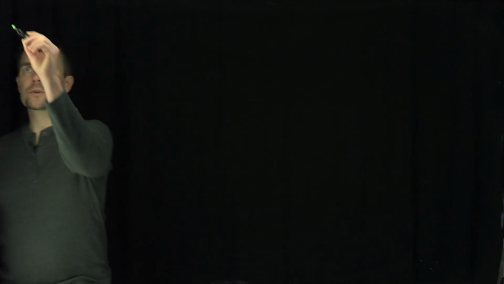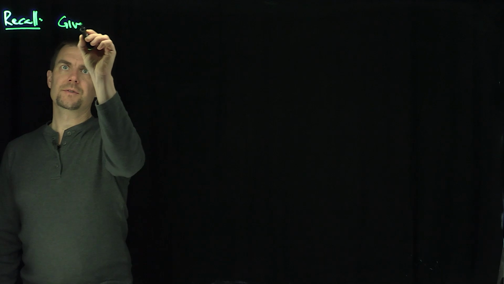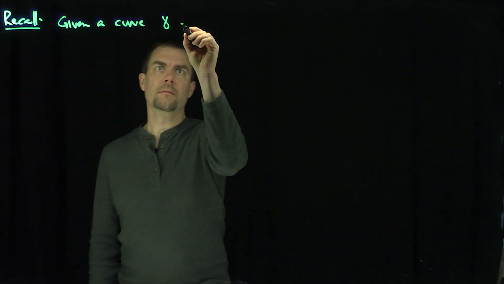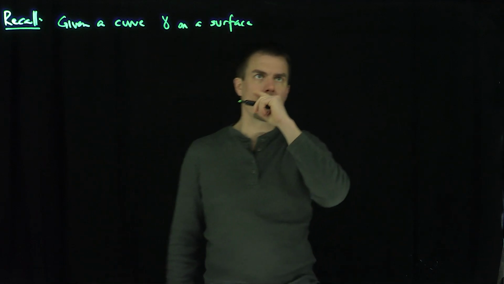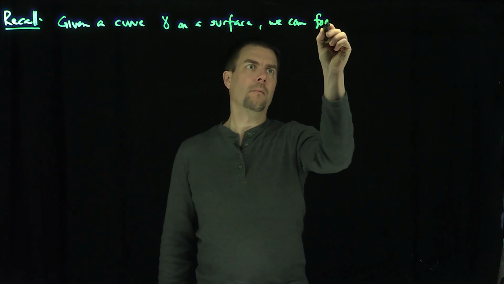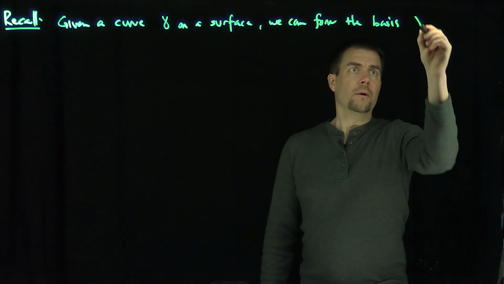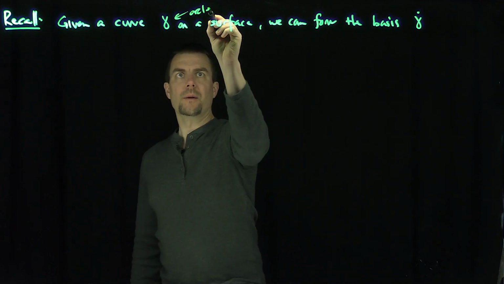Hello students, in this video we'll discuss geodesic curvature and the geodesic equations. Let's recall, if we're given a curve on a surface, what we can do is form the basis: gamma dot, and we can assume that the curve is, of course, an arc length parameter.